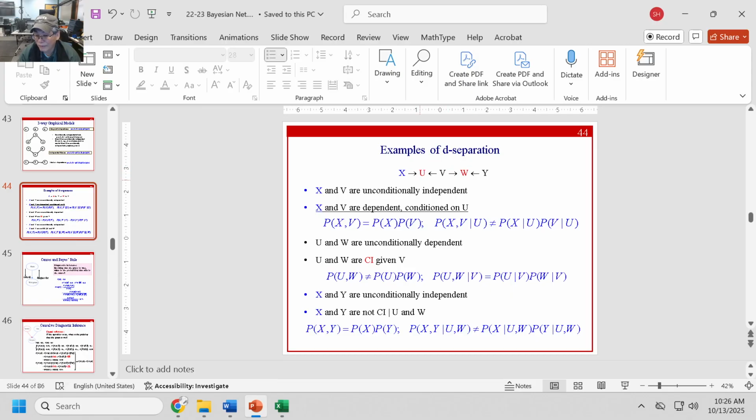The minute I have this middle piece, the UVW storyline, a table built, and this table is influenced by Y and X, then X and Y are not conditionally independent given U and W. Or I can say, the minute I know U and W, or everything in between, we're not independent anymore. We're related.